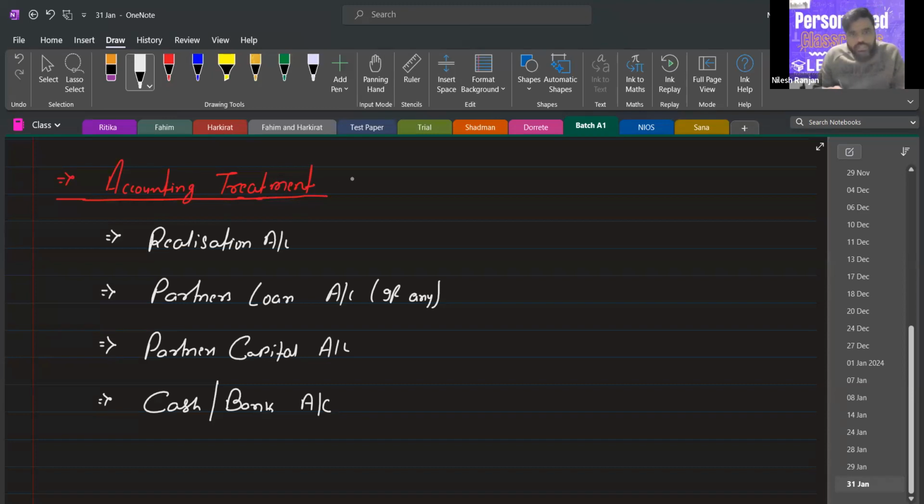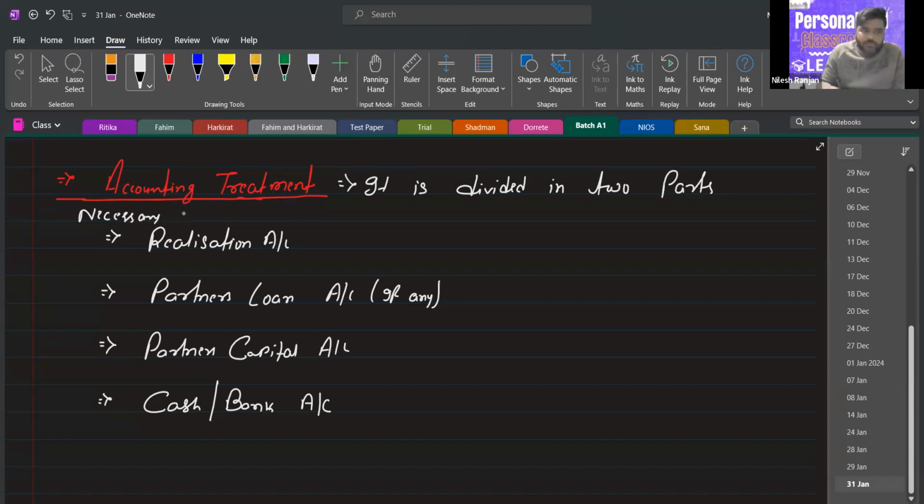So accounting treatment is divided into two parts: one is the necessary ledgers, and the second part is the journal entry.